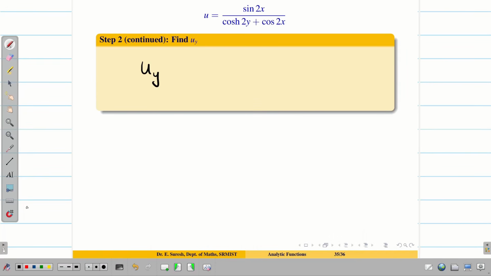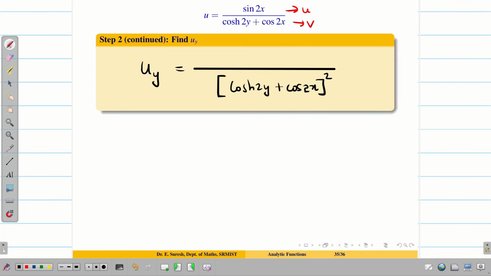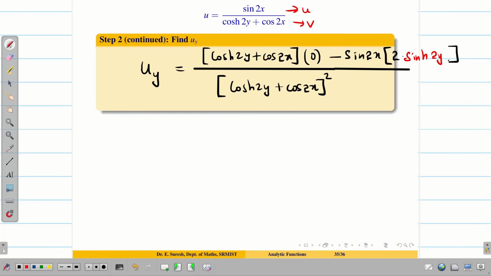Next we have to find the partial derivative of u with respect to y. So denominator as usual v square, cosh 2y plus cos 2x whole square. In the numerator, v du minus u dv. When I differentiate sin 2x, it does not have any y term. So cosh 2y plus cos 2x, differentiation of sin 2x with respect to y is 0, minus, if we keep sin 2x, differentiation of cosh 2y is 2 times sinh 2y.